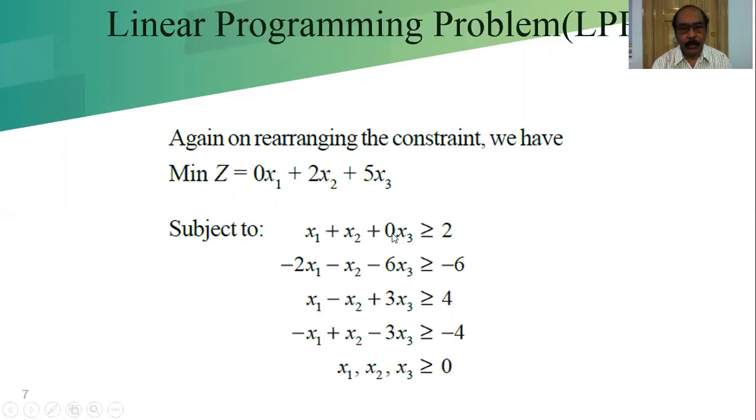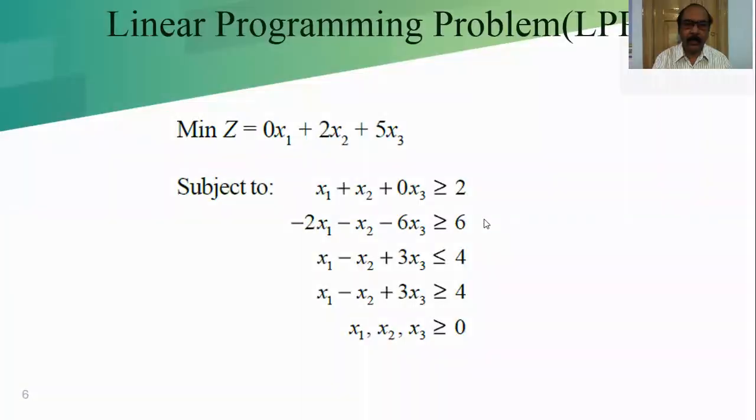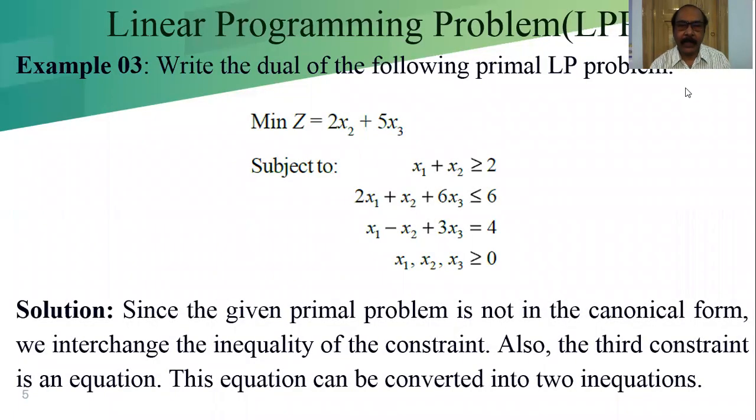So when the constraint is like that, if we go back to the original problem, we choose the dual variables in such a way: W1 or Y1 for this, W2 for this, and this equation we are converting to two inequations. For one inequation it would be W3 dash, and for the other inequation it would be W3 double dash.